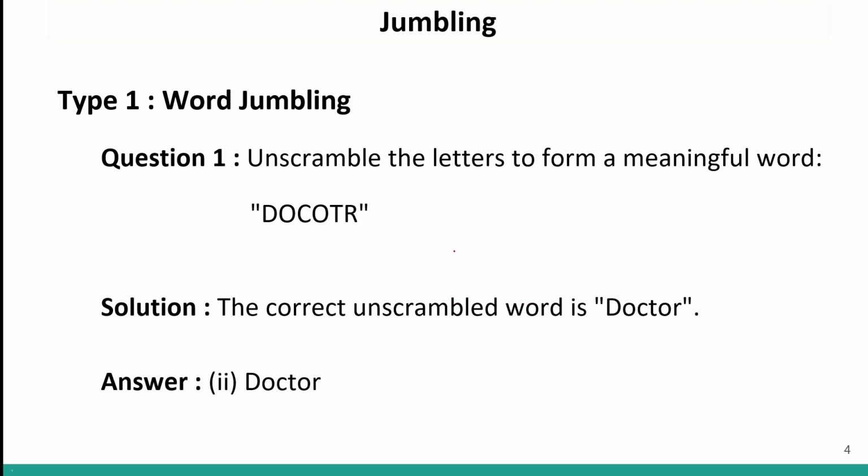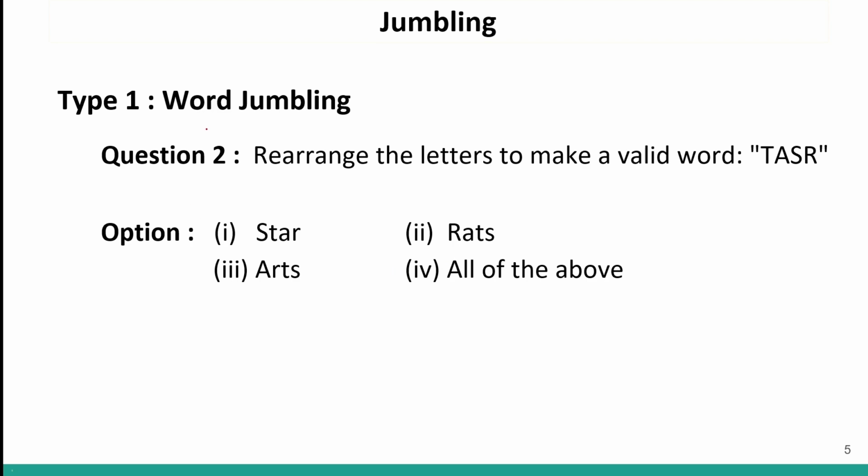Now, similarly, question number 2. We have to rearrange the letters to make a valid word from these letters. TASR. Now, from TASR, can we make star? STAR. Yes, so this is correct.